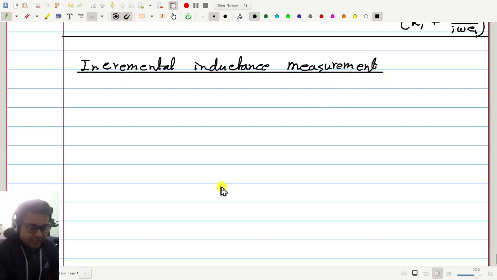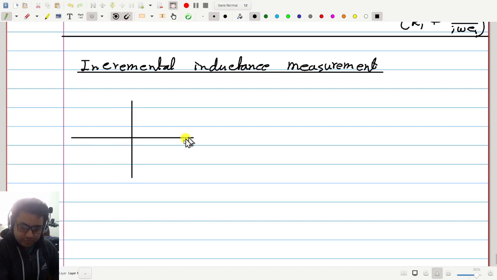What do I mean by incremental inductance measurement? If we have a coil, then we can draw the BH curve. The BH curve looks like this, where this is basically H or current.